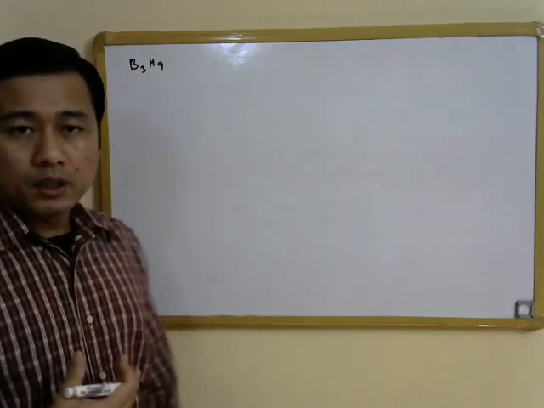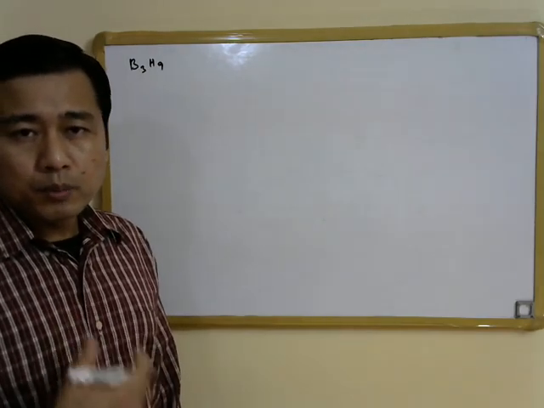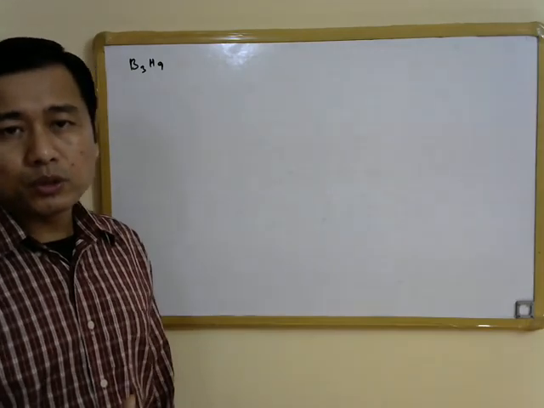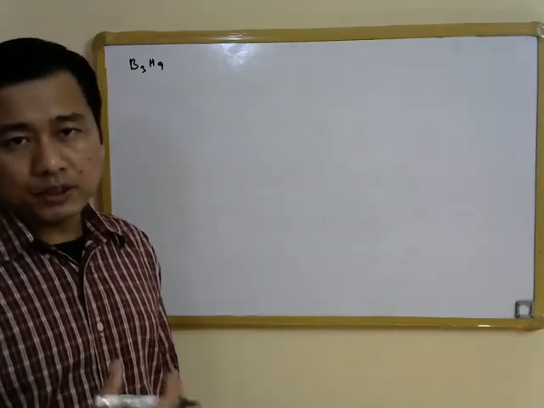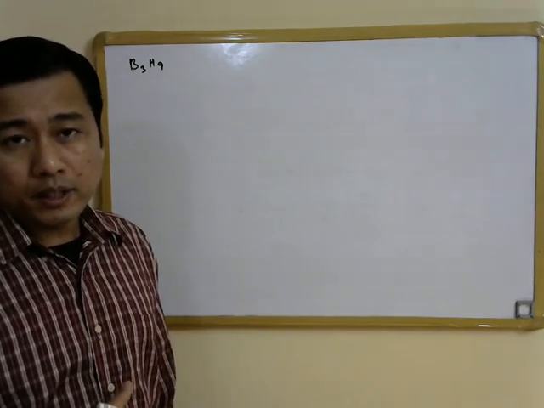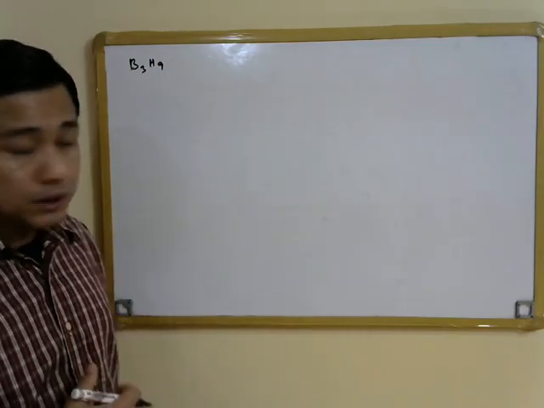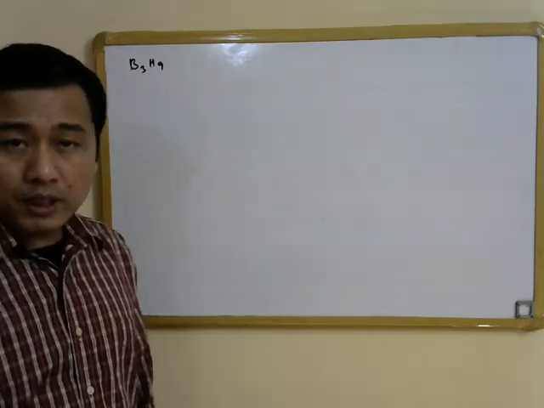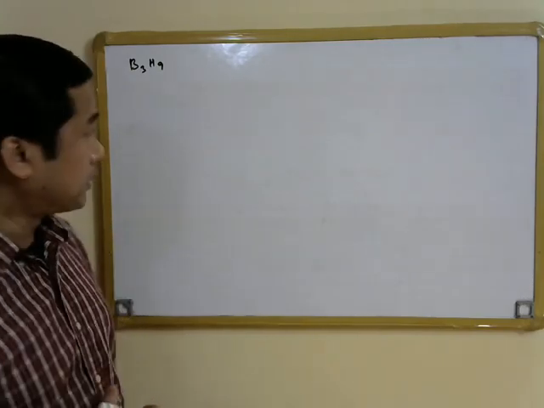Already in one of the earlier lectures we have calculated the Styx code for B2H6, and from there we could verify the structure of B2H6 with the Styx code that we have obtained. In the case of B3H9, as we do not know the structure, from the Styx code we will try to predict the structure of B3H9.